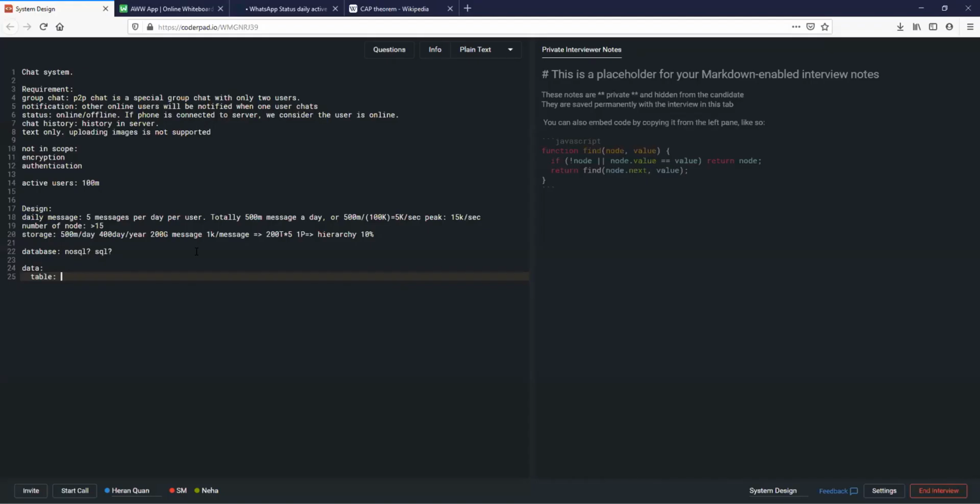I don't know what the design will be, but we might not even hit the DB when we are doing peer-to-peer chat. But we need to store the history. If it is eventually consistent, no problem. But for real time, we might not even go the DB route.